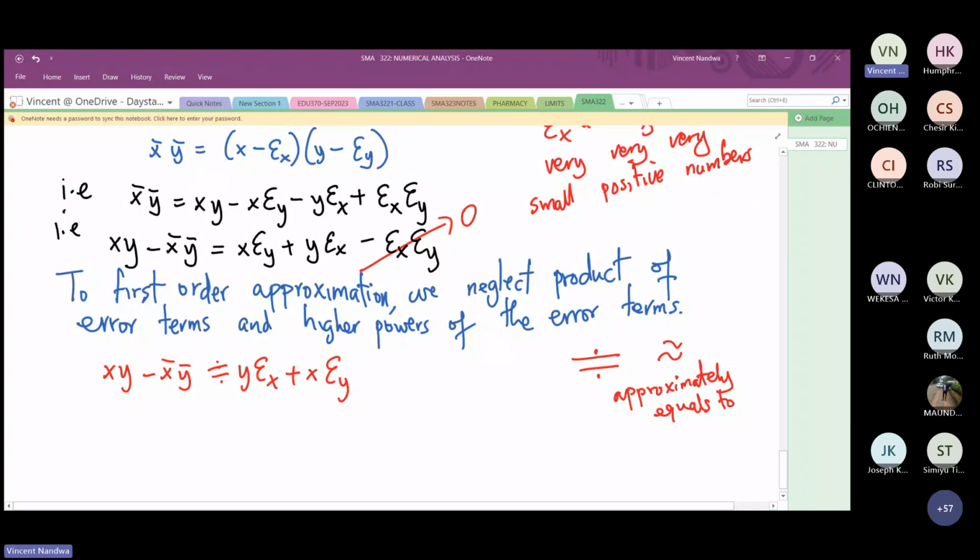So we're saying that now, because we have assumed this thing to be 0, the left-hand side is approximately equal to these two terms. By definition, here is a product of exact quantities, x and y, and here is a product of the approximate values. Following the trend of our definition of errors, which is the exact value minus the approximate value, we can say the left-hand side represents nothing but the error in x times y, which is y times error in x plus x times error in y.